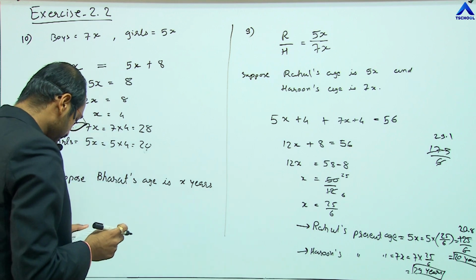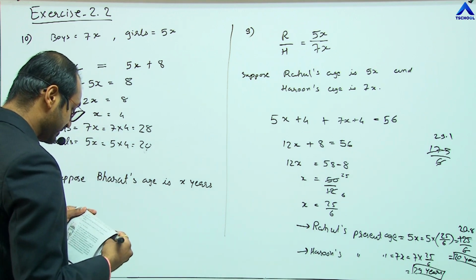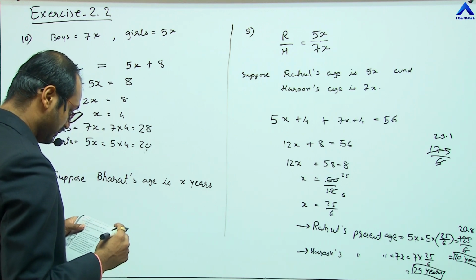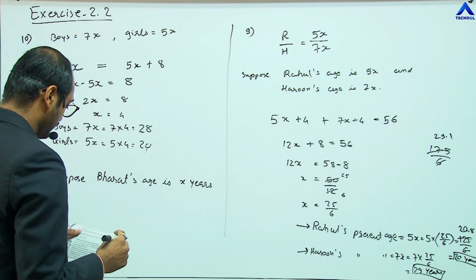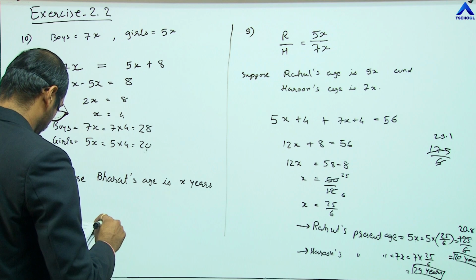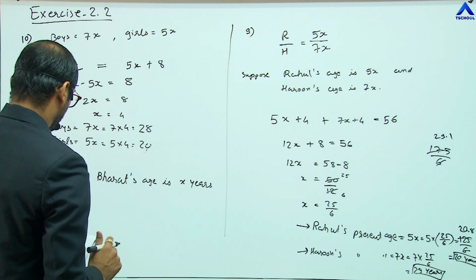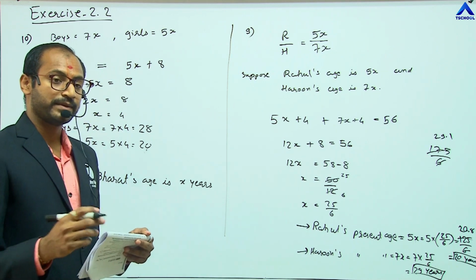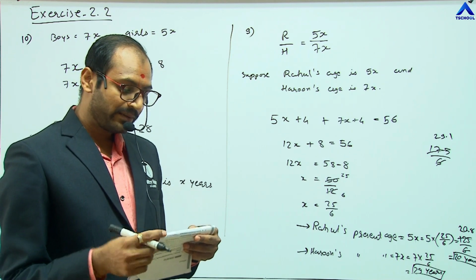Now, Bharat's father is 26 years younger than Bharat's grandfather. So, we have to first find what is Bharat's father's age, and 29 years older than Bharat.